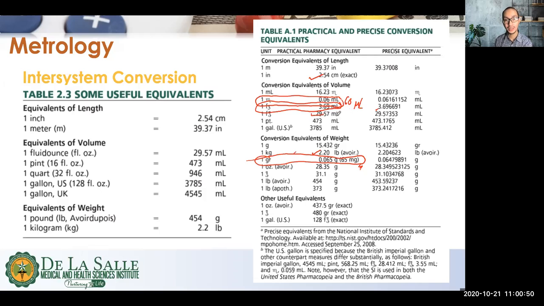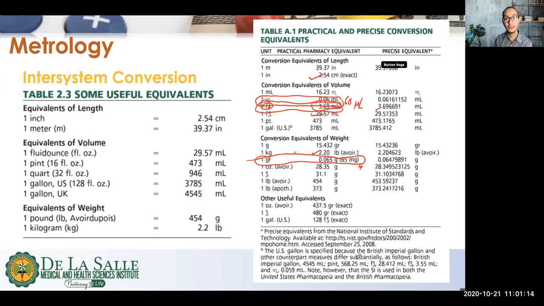So, whenever we say take 1 teaspoonful of the medication, we simply mean take 5 milliliters of the medication. We very rarely use the fluid dram equivalent. We no longer often use this 3.69 milliliters, which is the equivalent amount of a teaspoonful.